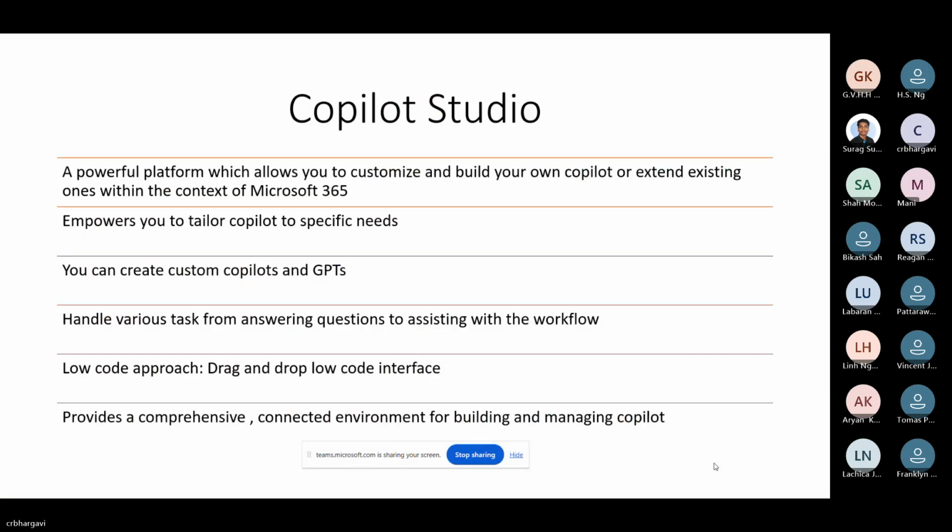So what does the word Copilot Studio mean? You might have heard of different kinds of copilots everywhere; now you are almost using Copilot in your daily life. When you want to code, you use GitHub Copilot.